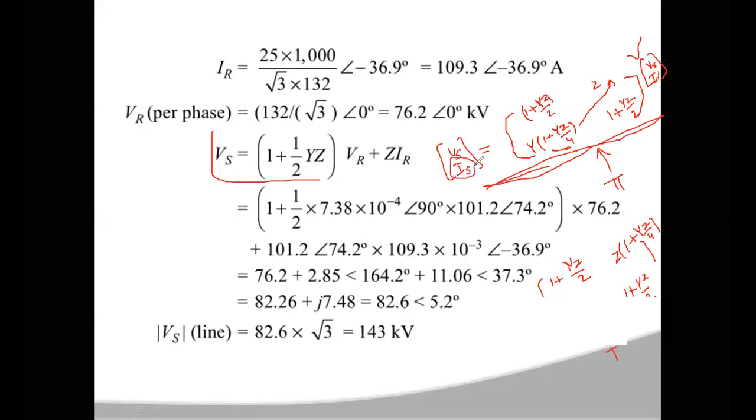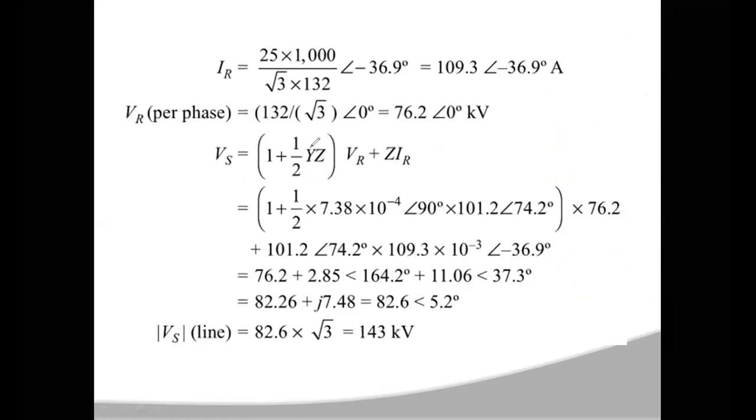And Is is Y into 1 plus YZ by 4 into VR plus 1 plus YZ by 2 into IR. Now I am using this equation for Vs. From this matrix model, I'm taking only the Vs: Vs is equal to 1 plus YZ by 2 into VR plus Z into IR.